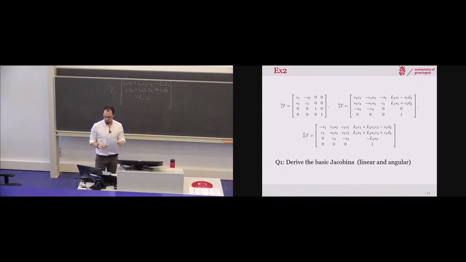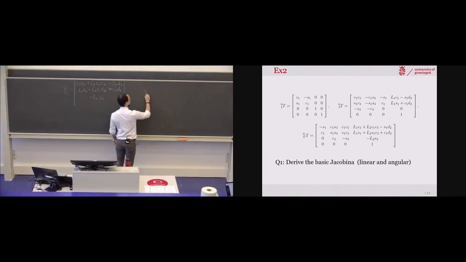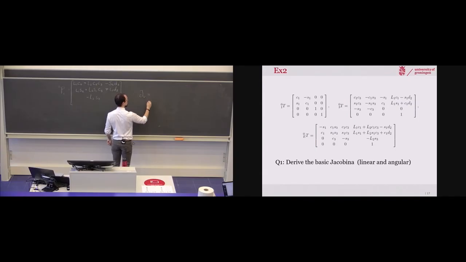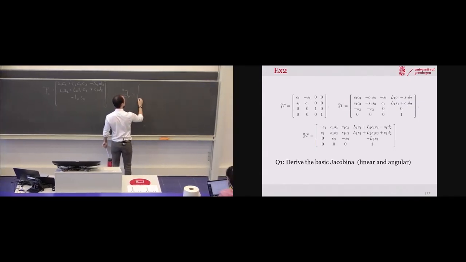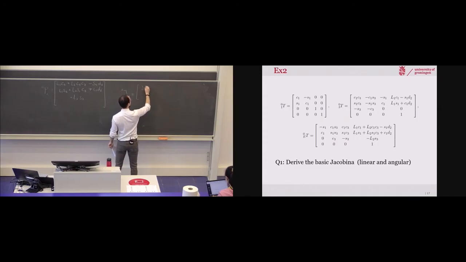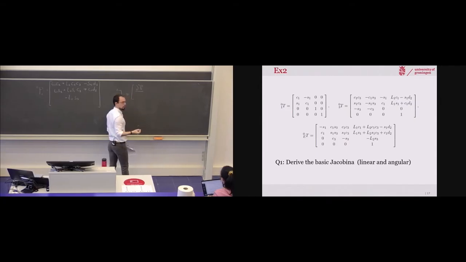Now, since we have the vector, the only thing that we have to do to compute the Jacobian associated to the linear velocity, JV, the basic Jacobian, is to compute the partial derivative of P0e with respect to the first variable, that is theta 1.